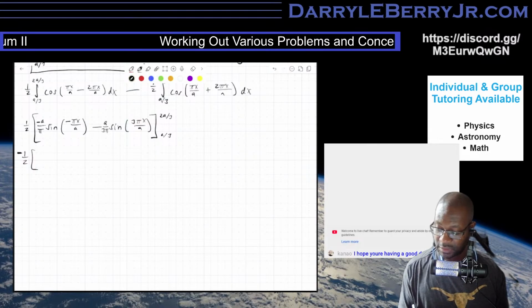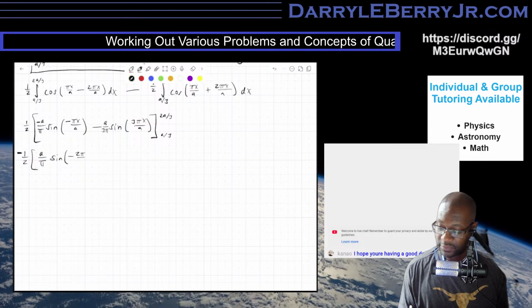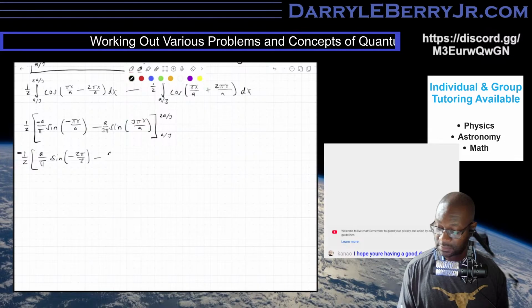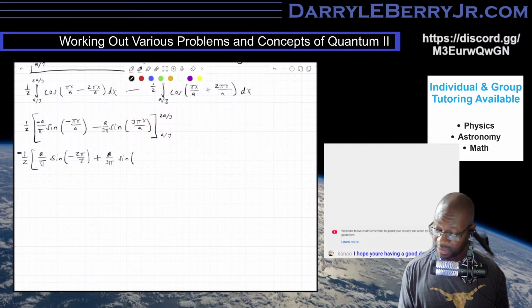Then we'll have a over pi sine of, so the a will cancel, it'll be negative 2 pi over 3 minus plus a over 3 pi, since I took the negative out, sine. So this time the a will cancel and the 3 will cancel.